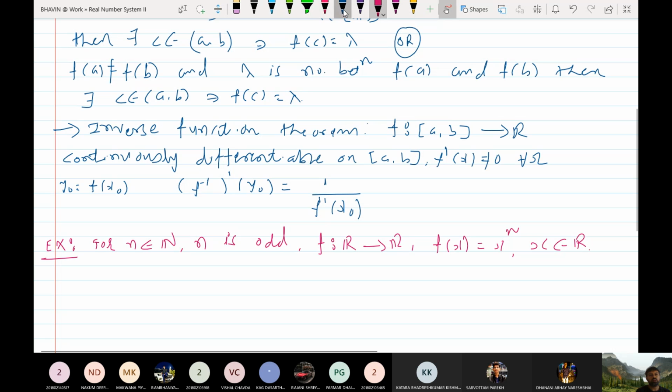Then what can you say about differentiability of function f? Is f differentiable?